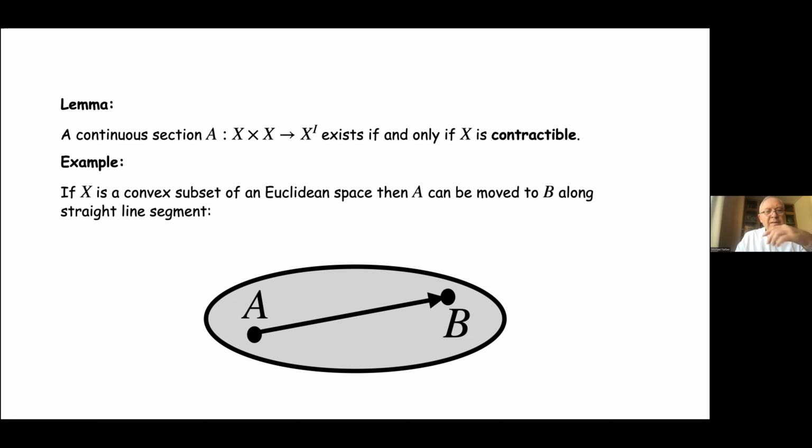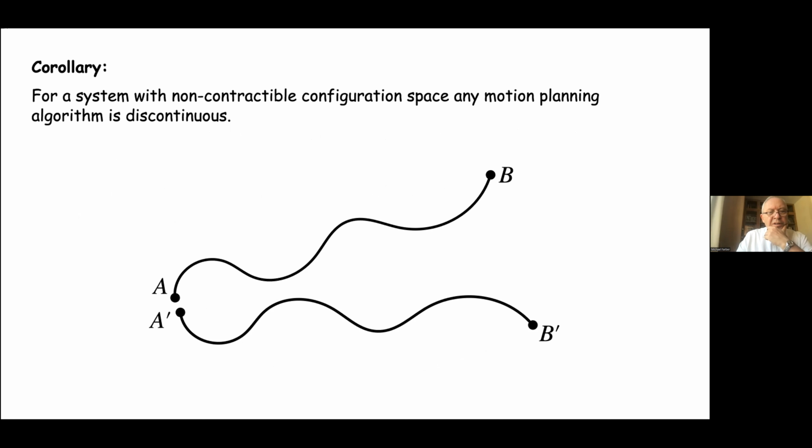Okay, so now this lemma can be rephrased in this form: for a system with non-contractible configuration space, any motion planning algorithm is discontinuous. Discontinuous means that you can find a pair of initial and final configurations A and B such that... Sorry, my drawing is not very good, it's not correct actually.